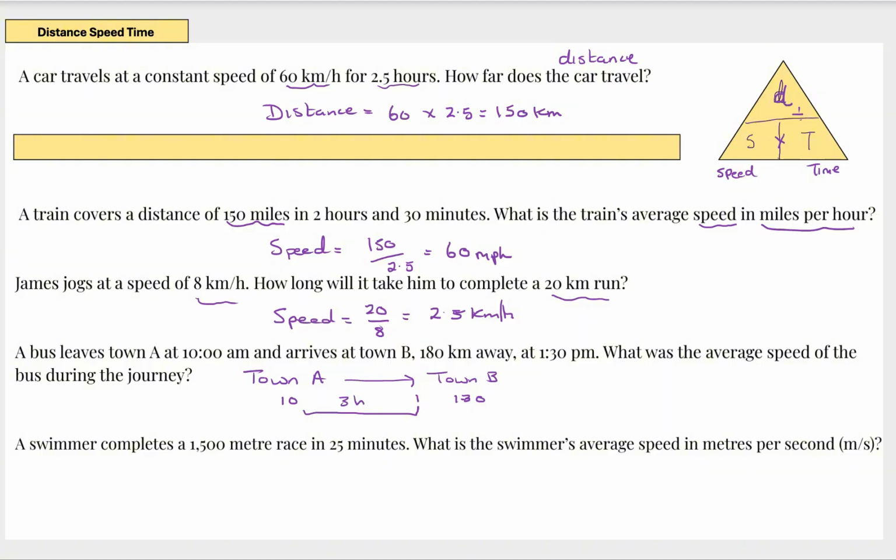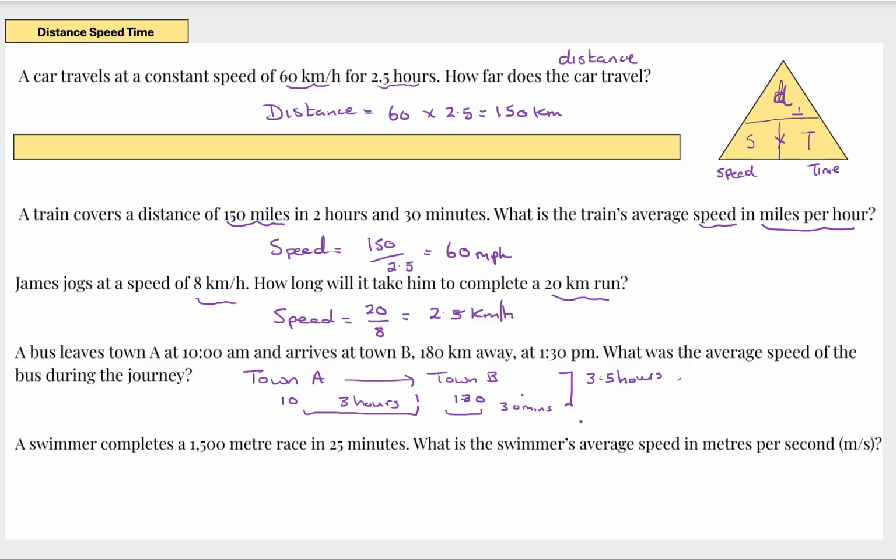That's 3 hours. And then plus our 30 minutes. So we've got 3 hours, 30 minutes. Now, as you know, we need to change this into a decimal. So it's going to be 3.5 hours.